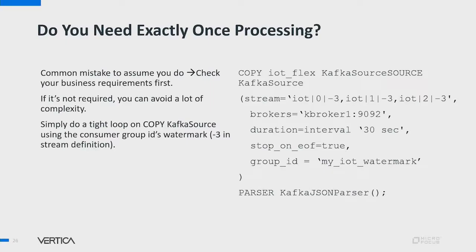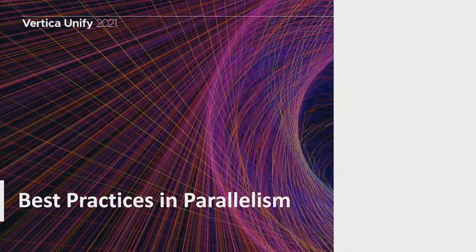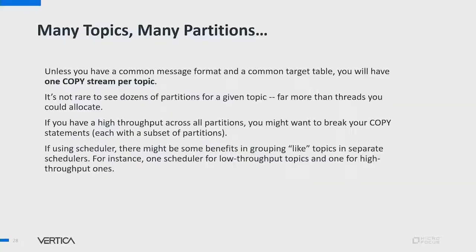In terms of parallelism, generally in a production system there will be a large number of topics and partitions. Usually every topic will go to a different target table, unless the message format is exactly the same across all the topics.